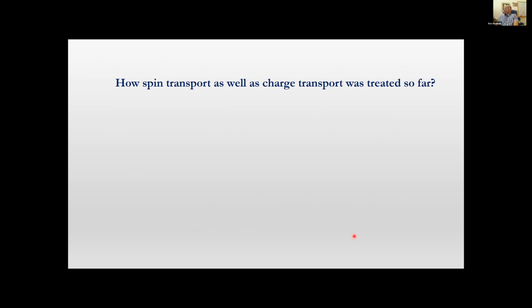So I will try to give you a simple picture, without equations, of how the CISS effect works.